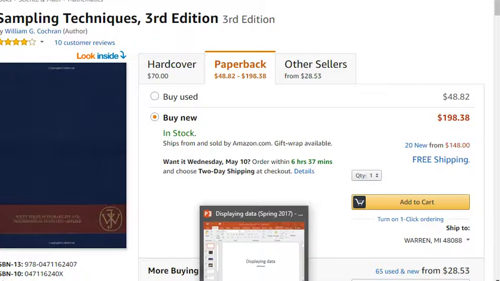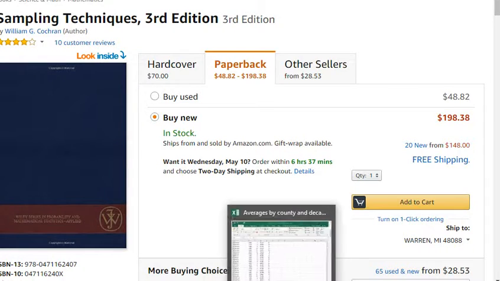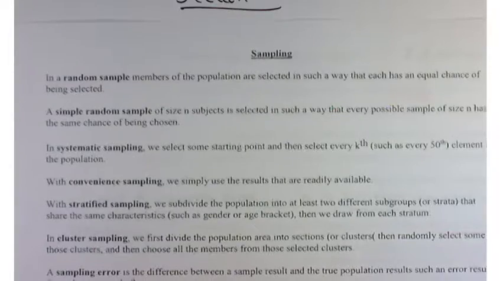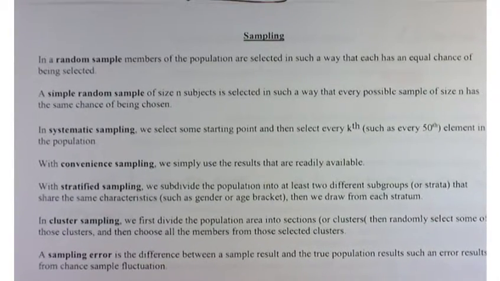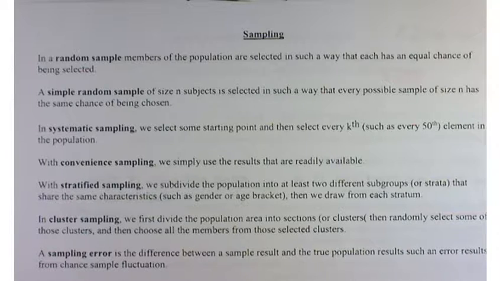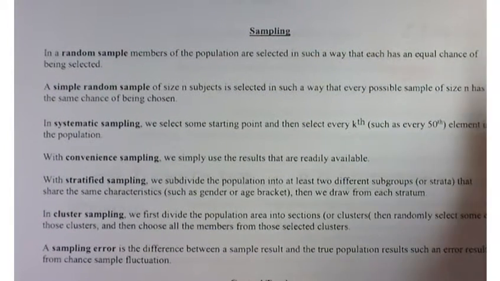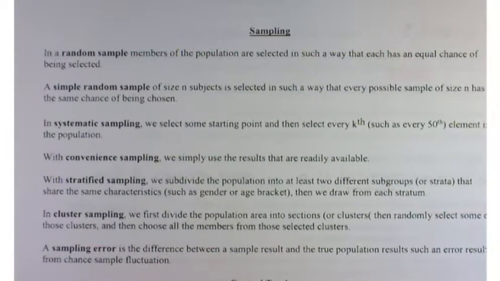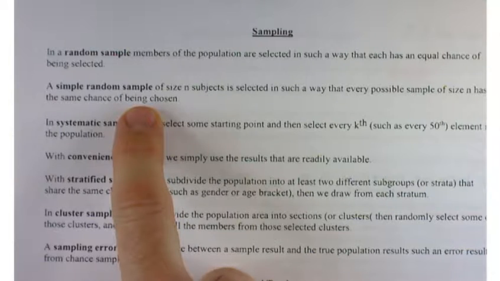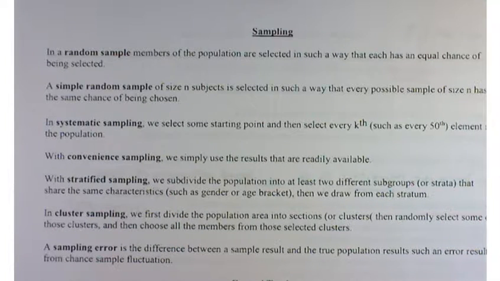So one thing that you're going to see is there's two things that seem to be pretty close to each other. There's a random sample, and then there's a simple random sample. A random sample is a sample in which each member of the population has a known equal chance of being selected. A simple random sample is a little bit more particular.